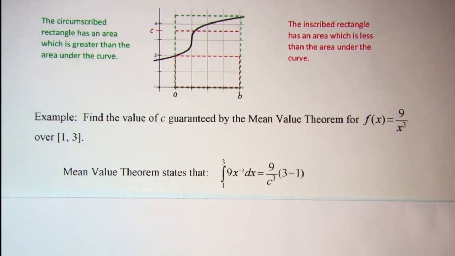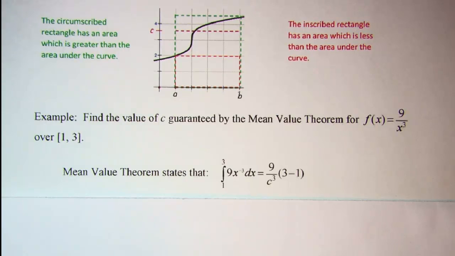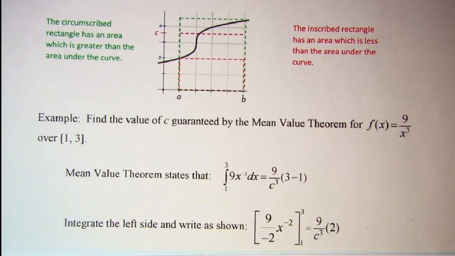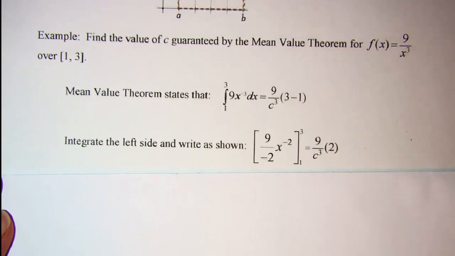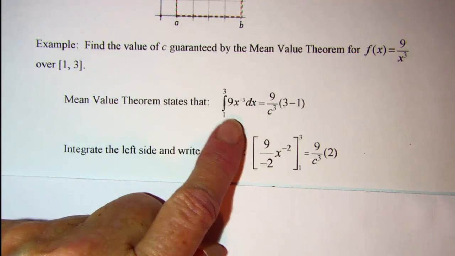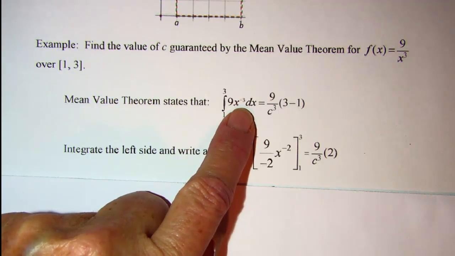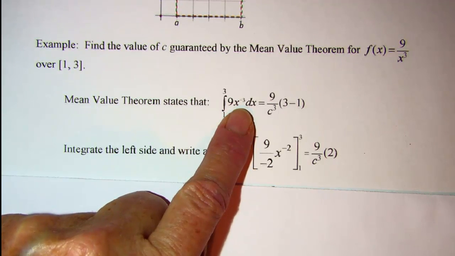Now what we're going to do is integrate this left side and get a value and then solve for c. So we'll integrate. We'll use the power rule, which means we increase our exponent by 1 and then divide by the new exponent.